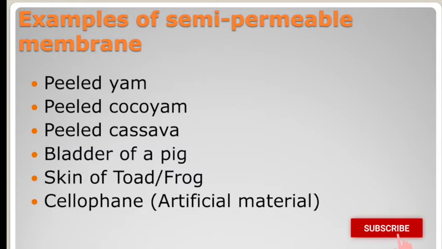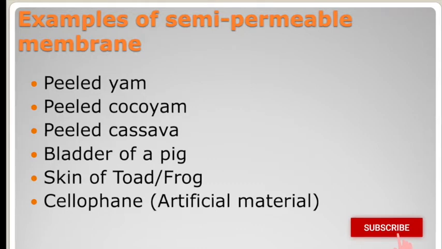When we take the living tissue, we have plant-based tissue, whilst we have animal-based tissues, which are used as semi-permeable membrane.